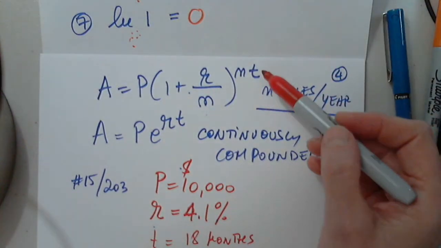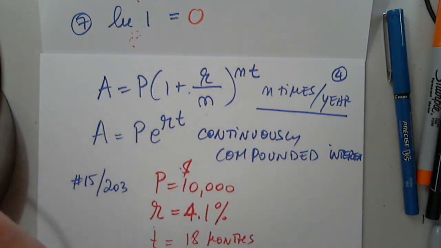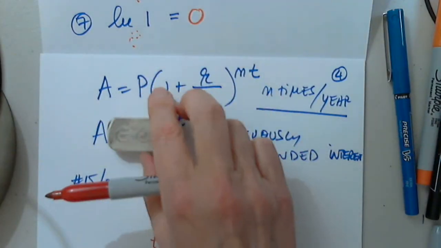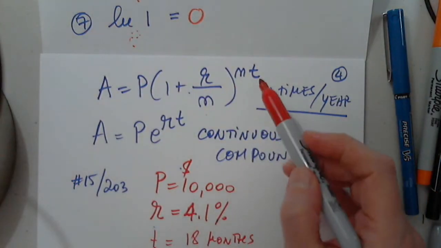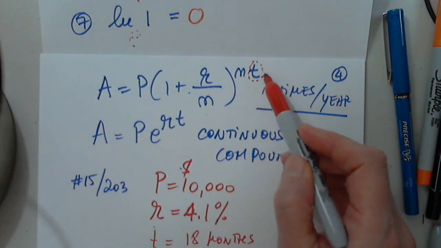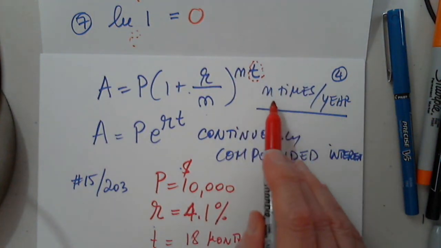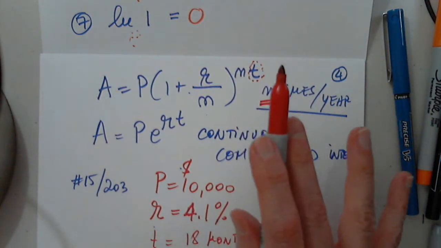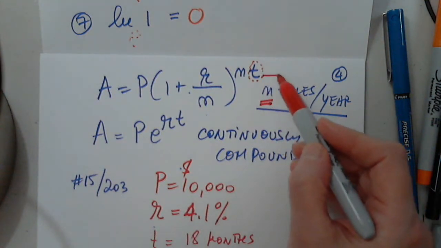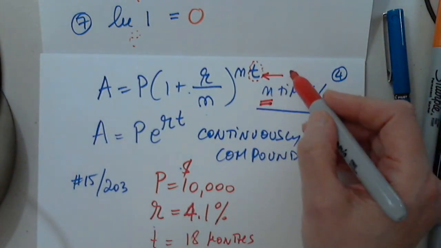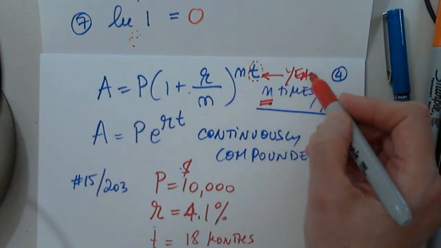What was t in here? I know we did not talk about this. I just mentioned it, but I didn't do anything with it. But what did we say? It was the number of times per year. That's n. But what about t? t was just the number of years. Exactly. So please remember that.